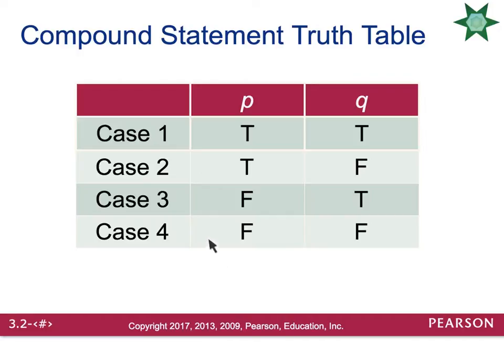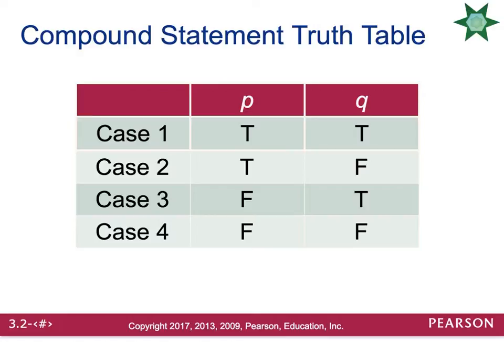When we have two simple statements, it gets more complicated because we're going to have 4 different cases. We could have cases where both P and Q are true. We could have a case where P is true but Q is false, and vice versa. We could have a case where P is false and Q is true, and then a case where they're both false.